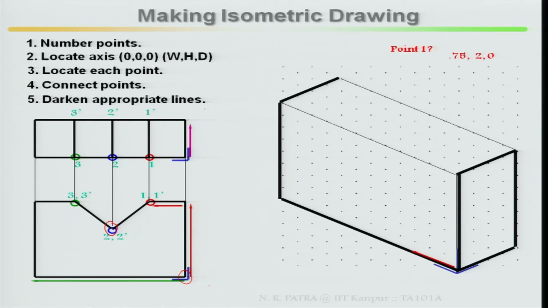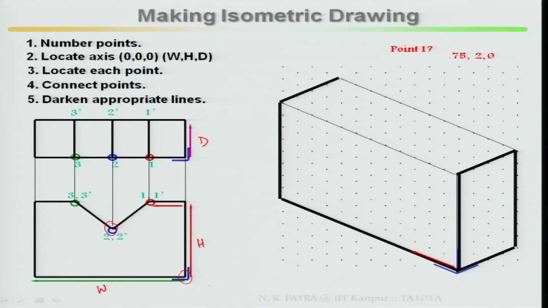What is its width? Point 1 is located at 0.75, this is your width, and 2.0, this is your height. If I write it, this is my width, this is height and this is depth. So this is 0.75 and height is 2.0 for point 1, and depth is what?